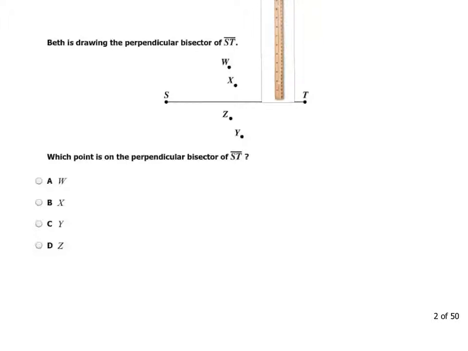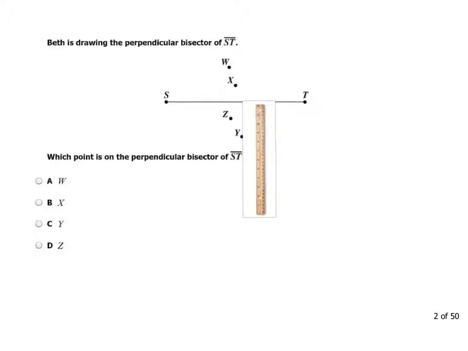And it says that it wants the point that's on the bisector of ST. Which point is on the perpendicular bisector? So it has to be in the middle of the line. So let me move this across. So take a look at point Y right here. Y is definitely not in the middle of that line.